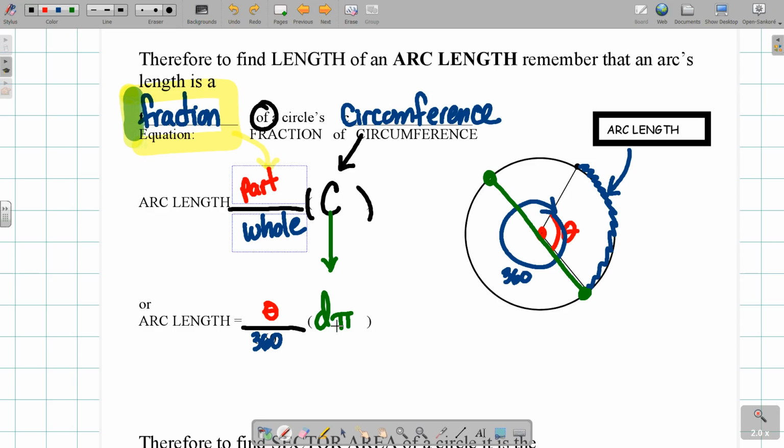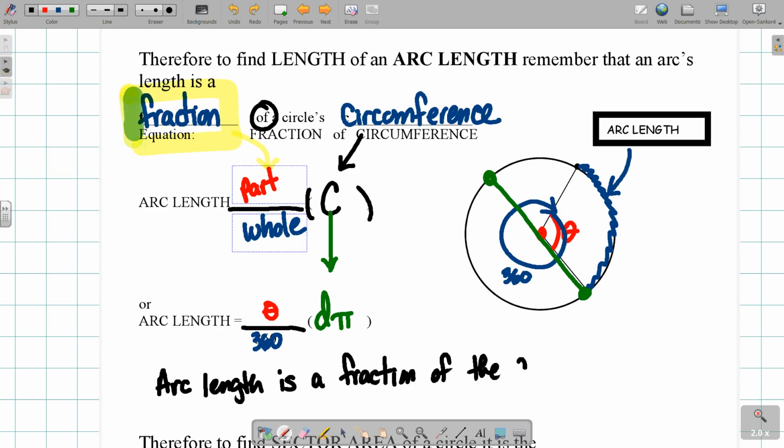Now this fancy equation, all this translates to is center. Yes, I want you to copy that down.